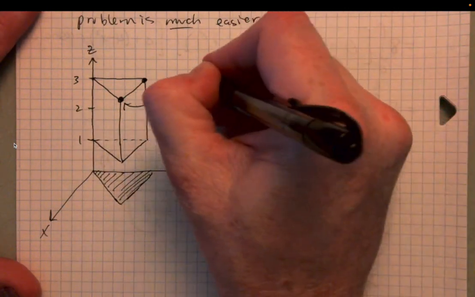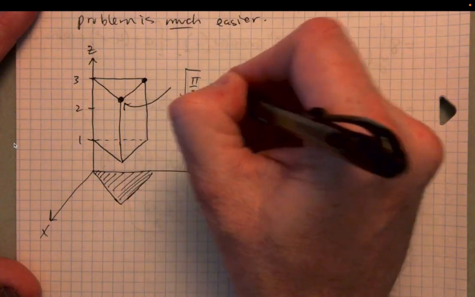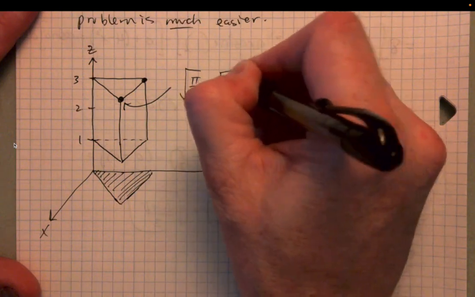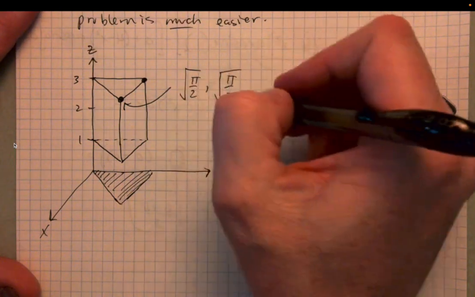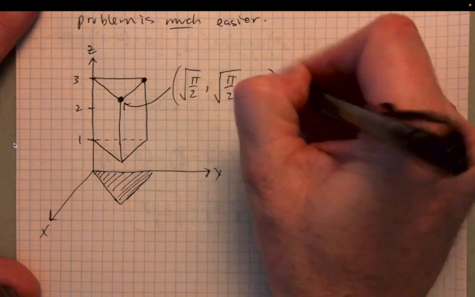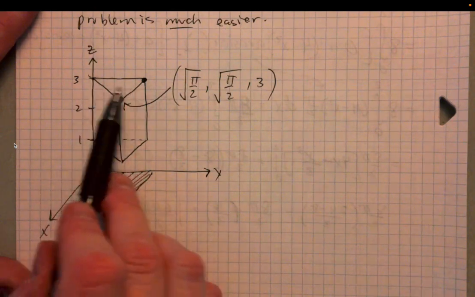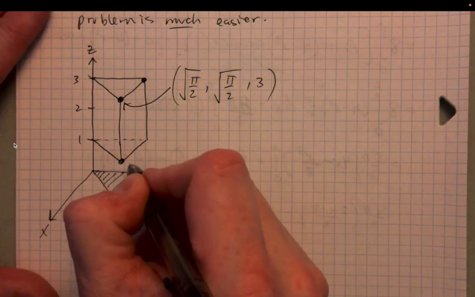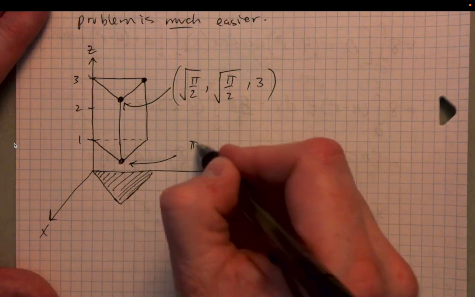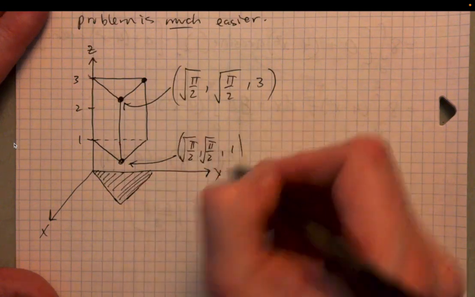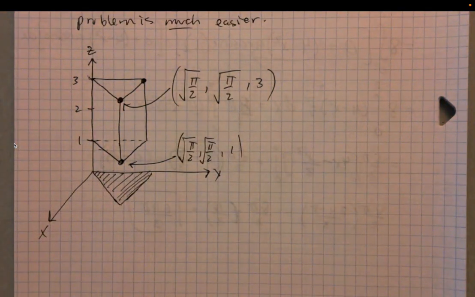The x-coordinate and the y-coordinate are both square root of pi over 2, and z is 3. So this is a flat top surface, up here in space, tilted forward. Down here is the same thing, except the z-coordinate is 1, so it's at the bottom of the figure.